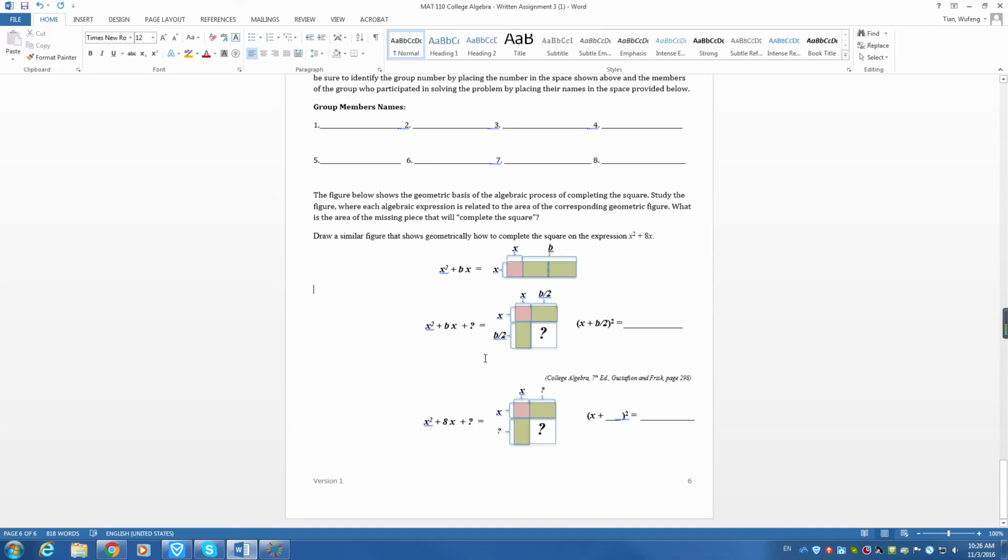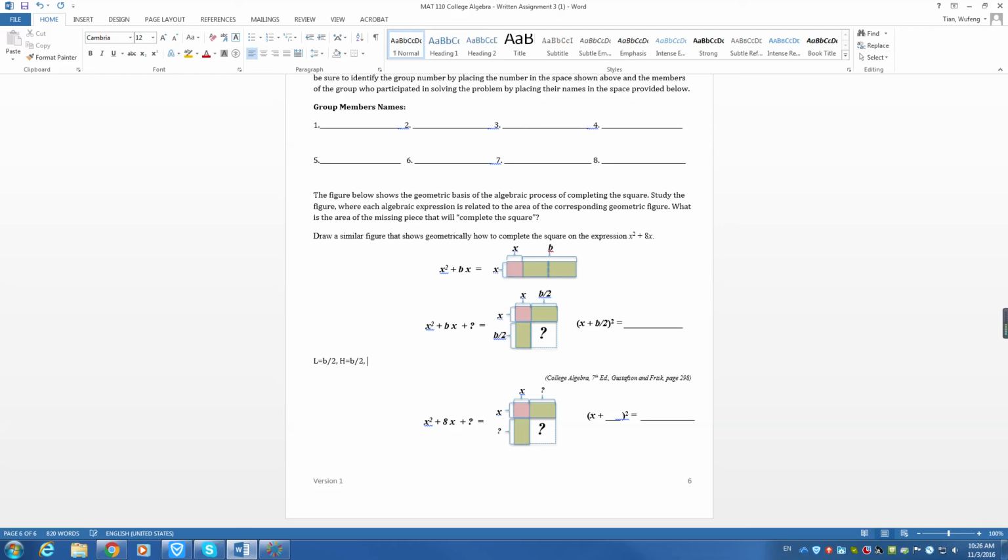We can tell the area of the question mark is a square. Look at the question mark here. Okay, the question mark area is a square. The length is what? B over 2, right? The height of the question mark square, the height is what? Also B over 2, because this is a square.